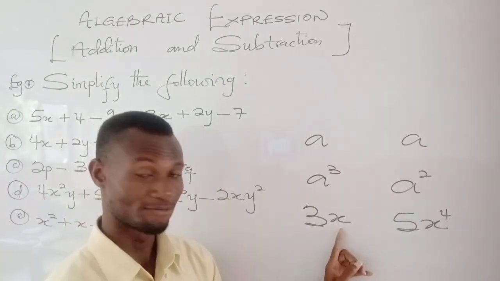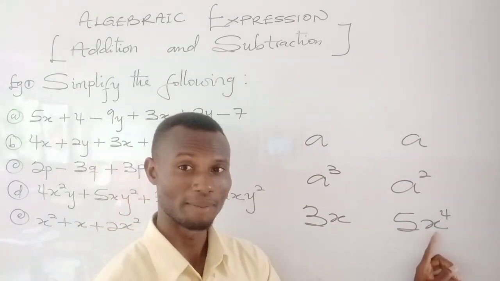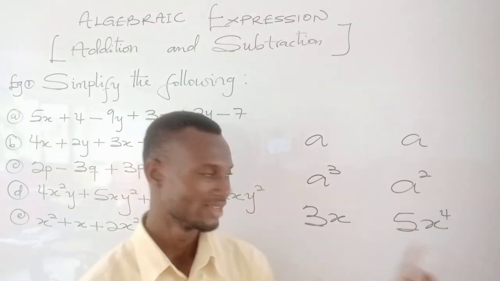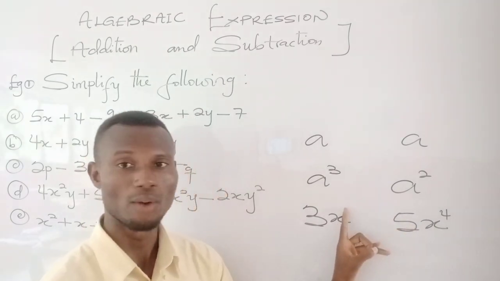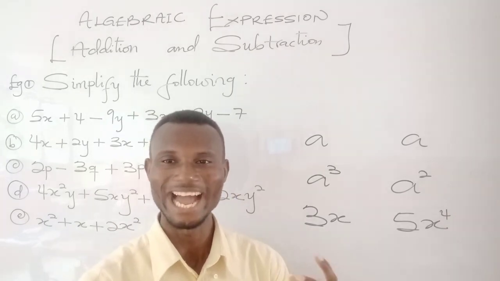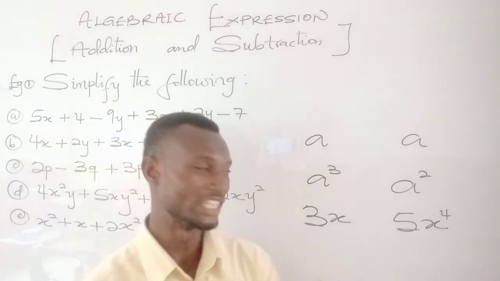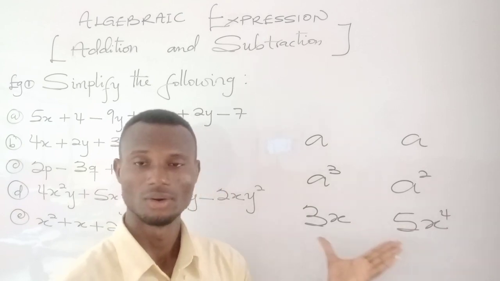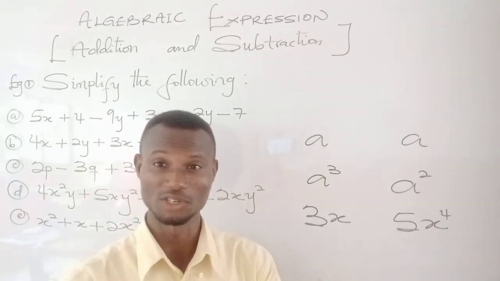Though this is variable s and this is also variable s, you can see that they have different powers. This variable s has power 1, this variable s has power 4, so they are not like terms. So we cannot add or subtract these. I hope you understand up to this point.